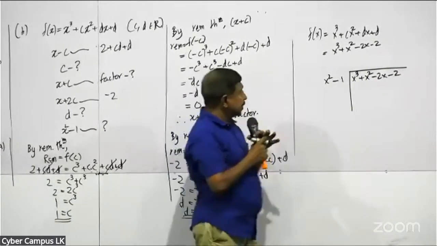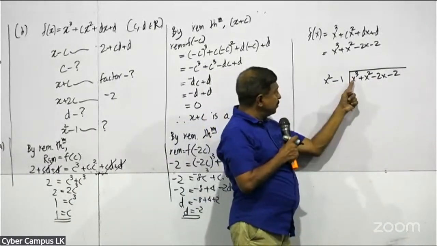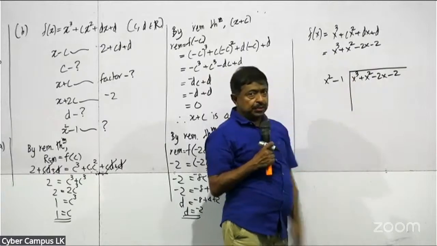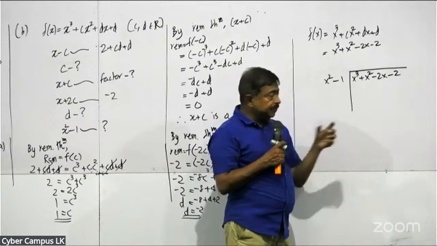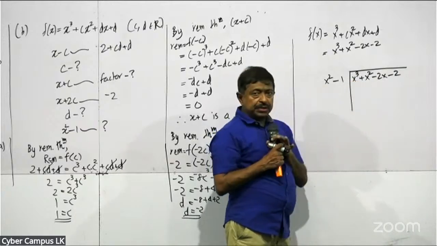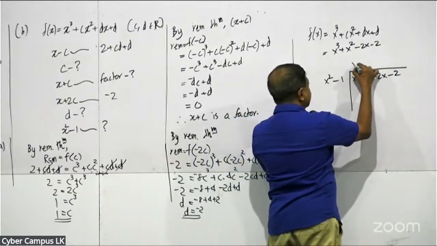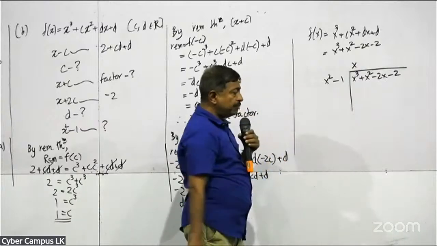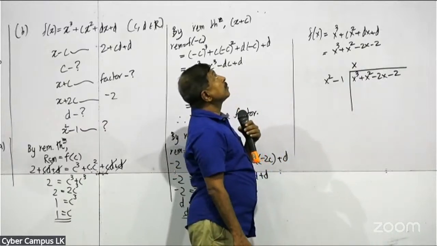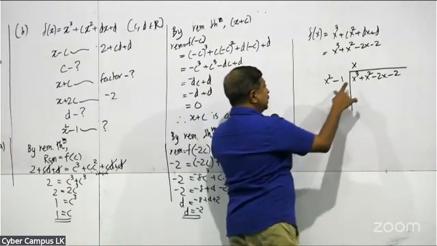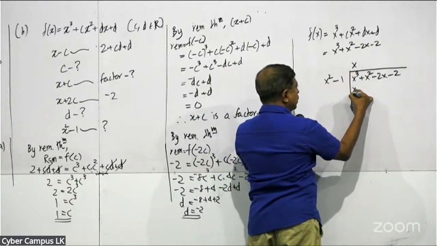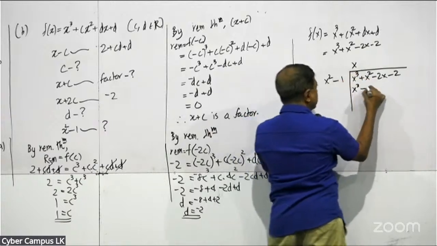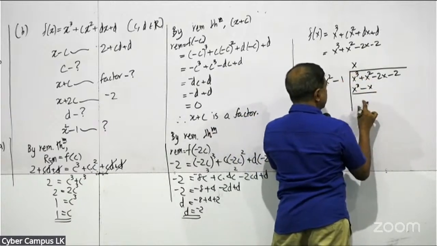When you perform the long division, you divide the leading terms. x cubed should be divided by x squared. You get x. Now, when you multiply, you get x cubed minus x. Wrong.